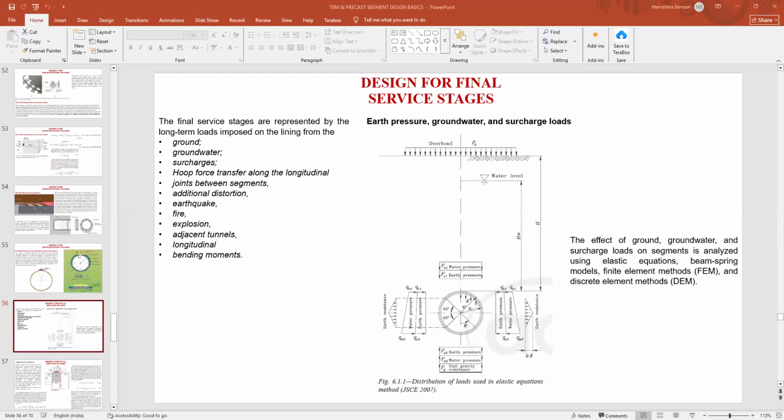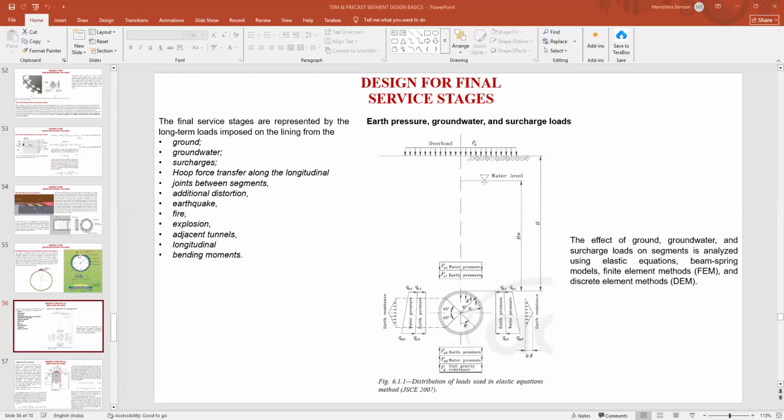But when we are modeling the TBM with a weighted beam approach, we have to assign some springs, right? So how do we model the TBM in the primary grout condition?